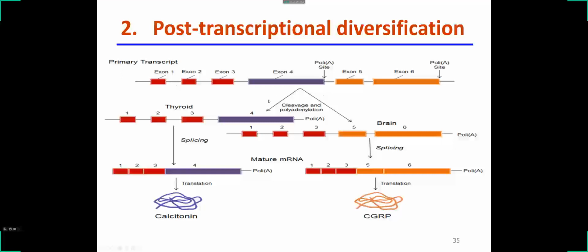By cleavage and polyadenylation, in the thyroid we get exons 1, 2, and 3 put together with our poly A, and in the brain you've got 1, 2, 3, 5, 6 and poly A. The spliceosome, which you may remember, is responsible for piecing together different transcription fragments to make the final mature messenger RNA, and it builds these nice messenger RNAs for us to then provide translation of calcitonin.